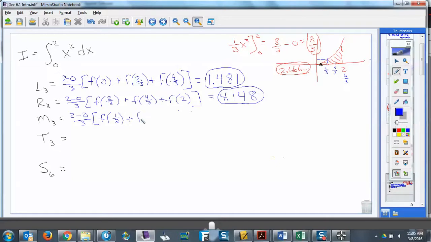Plus, what's the next one? Halfway between 2/3 and 4/3. That's 3/3. Remember, our width here is 2/3. So if your first one's 1/3, next one will be 3/3, next one will be 5/3, right? But you got to be able to find those midpoints. So F of 5/3.